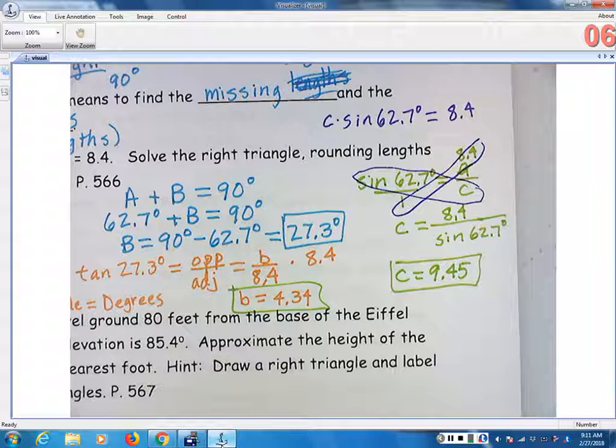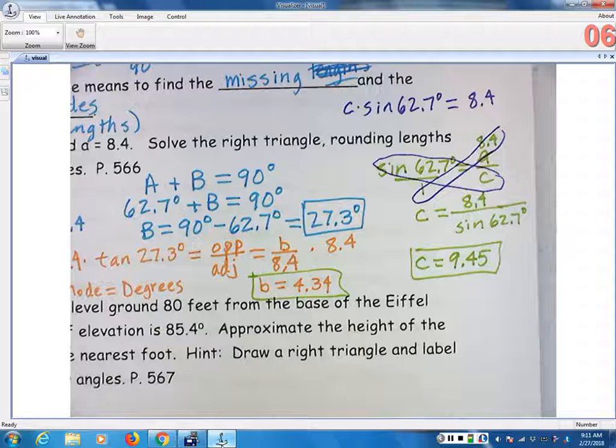Then I typed that in the calculator correctly and got the answer. Any questions? This section's actually a little easier than the previous one, but you've just got to get used to using sine, cosine, and tangent to find things.